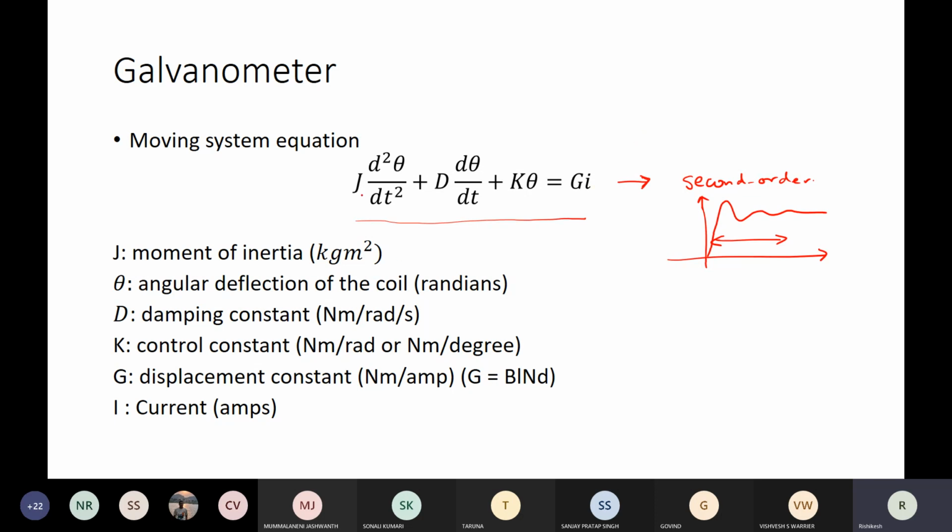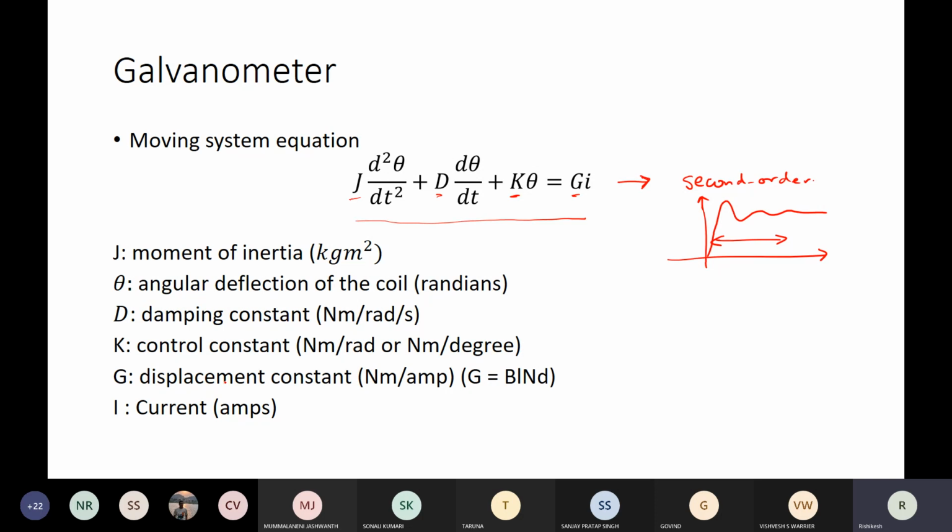The different system components which describe the behavior, or on which parameters the response depends, are these values: J is the moment of inertia, D is the damping constant, theta is the deflection in radians, and K is the control constant, which is associated with the taut band suspension or the spring.